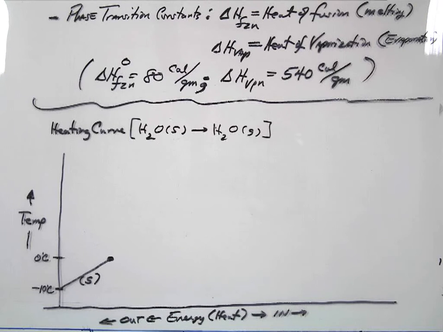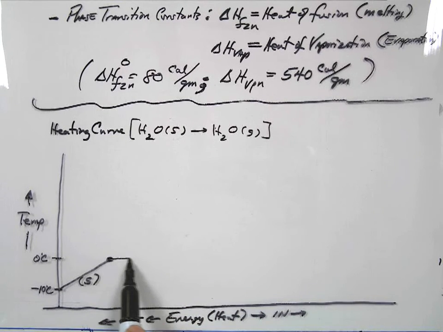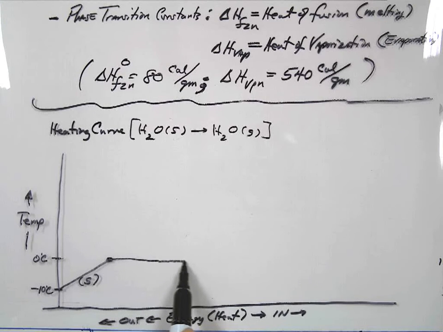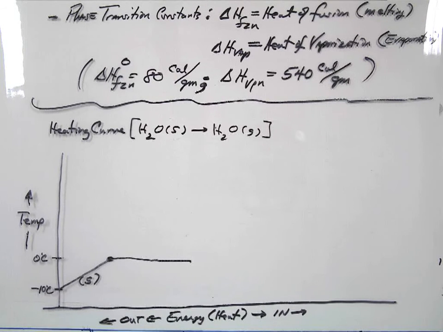The next section is 2 phases or multiple phases in contact. When multiple phases are in contact, even though you're adding energy to the system or taking energy out of the system, there is no temperature change. This can be demonstrated in the lab many times. So while we have 10 grams of ice and I want to melt it, there will be no temperature change.